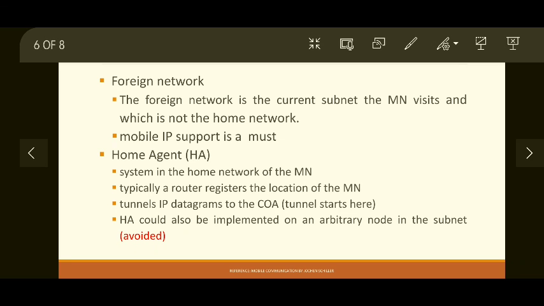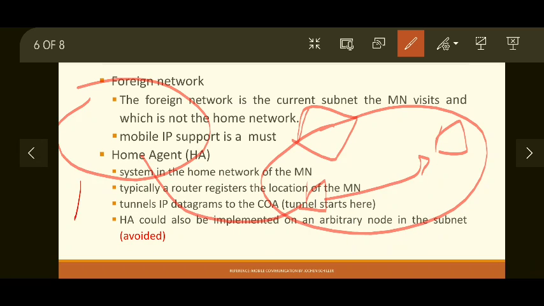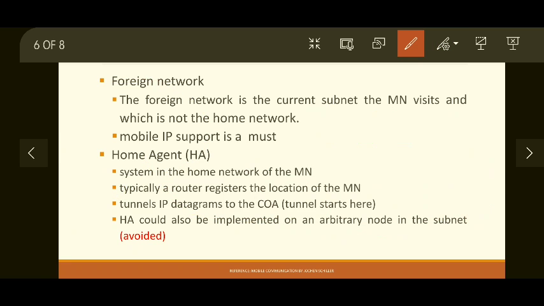It should not happen that when I am moving from this location to this location, this change in location keeps my subnet the same. So still mobile IP will not be required. But when you change the location from this one to some other subnet, this is your foreign network and this will be your home network. Okay, in a foreign network, mobile IP support is a must, otherwise communication may not be possible.